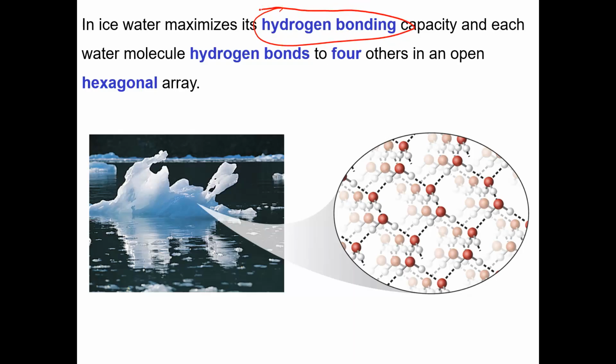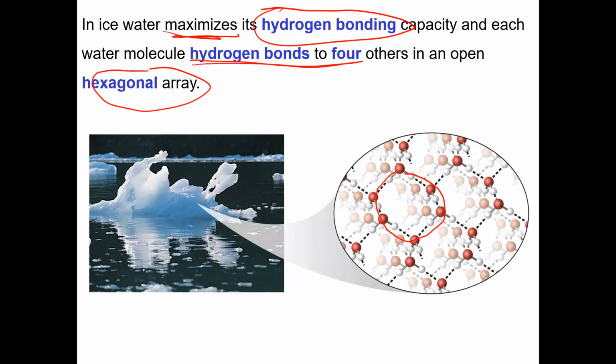If every water molecule in ice maximizes its hydrogen bonding capacity, then each water molecule will form 4 hydrogen bonds, and those hydrogen bonds will be oriented in a tetrahedral fashion. And what this gives rise to is a structure that has hexagonal channels through it.